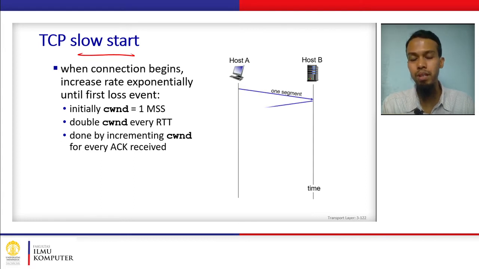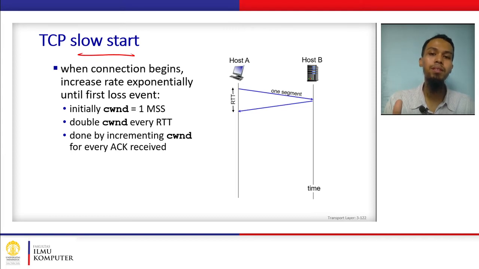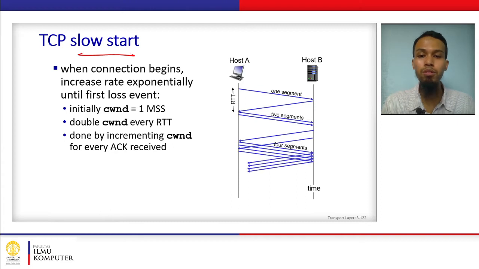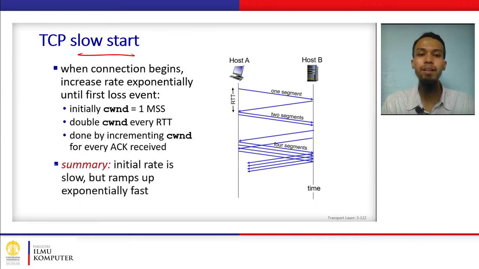So, for example, one segment at the beginning, and then if there is no packet loss, send two segments, and then four, 8, 16, and so on. We start slow, only one, but then ramp up exponentially fast.